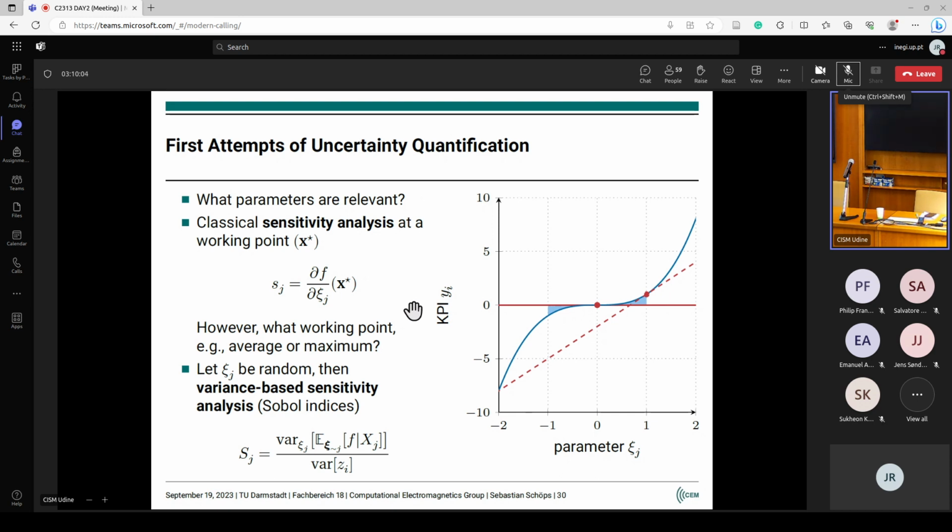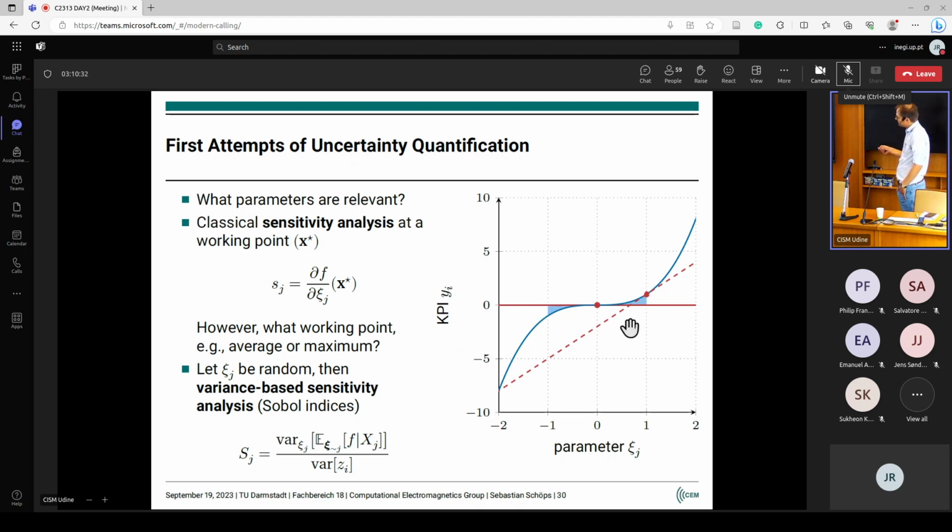Then there are stochastic concepts, and I will come back to them later in the third lecture, I believe. So you can look at the variance, and don't look at this very complicated formula. This is called a Sobol index. I'm sure some of you are aware. The idea is you take the variances of each parameter separately, and then you divide this by the total variance you get from all parameters, and that gives you an idea which parameter was responsible for which variation.